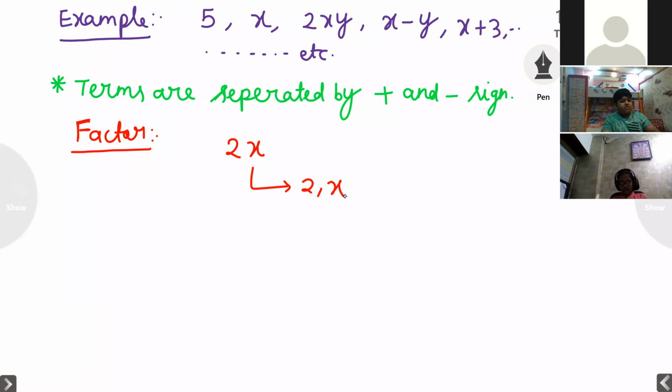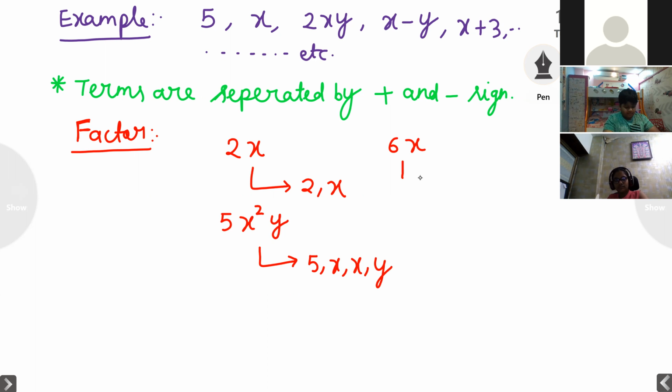If I'm writing here 5x square y, what is the factor? 5 comma x comma x comma y. Simple. If I am giving 6x, how can we write? 6 comma x, or we can write 2 comma 3 comma x.